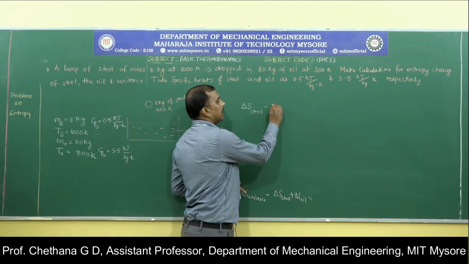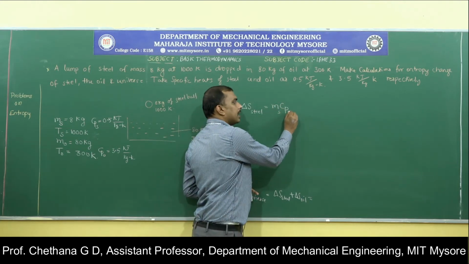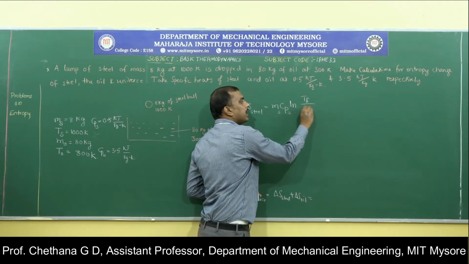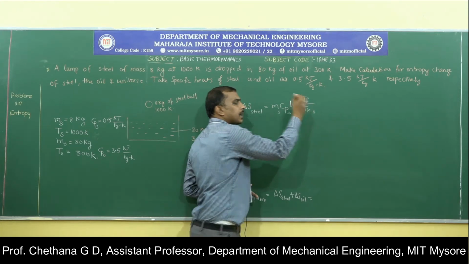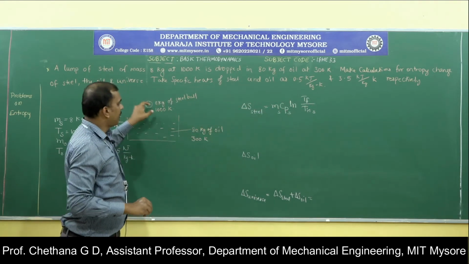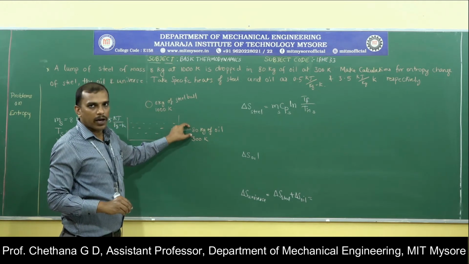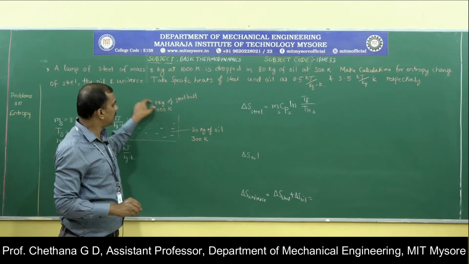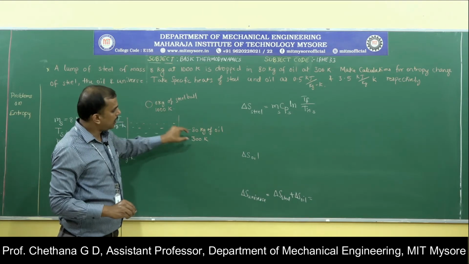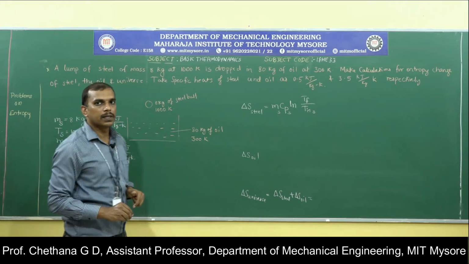So the change in entropy of the steel can be written as mass of steel, Cp of steel, ln of T final by T initial of steel. Now we also already know that T final of the steel ball as well as oil will be the same, because once this is dipped here, the temperature of this will drop and the temperature of this will rise until an equilibrium temperature is achieved.